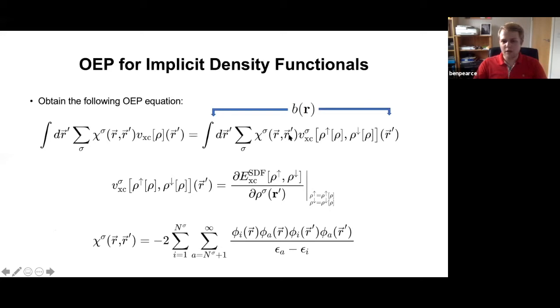On the right-hand side, we've now got 2 terms, so we're adding together the individual spin channel response functions acting on the actual spin density. It's important to note that although the spin densities enter the OEP equation here, we are seeking a common local potential. So we are still within the realms of DFT and not spin DFT, despite this perhaps looking a little deceiving.